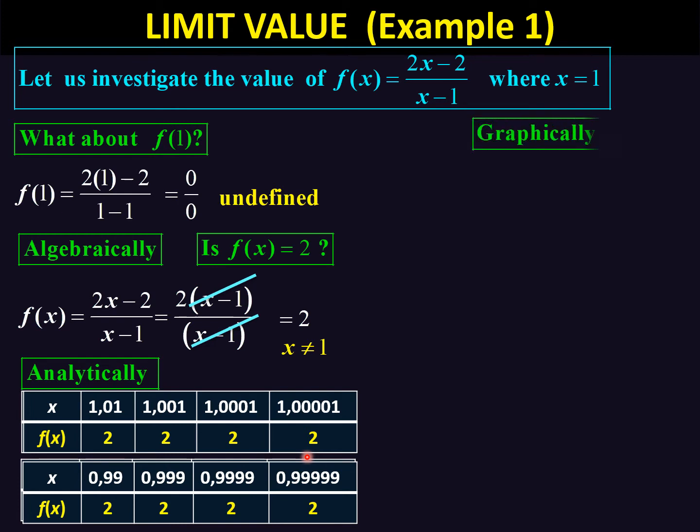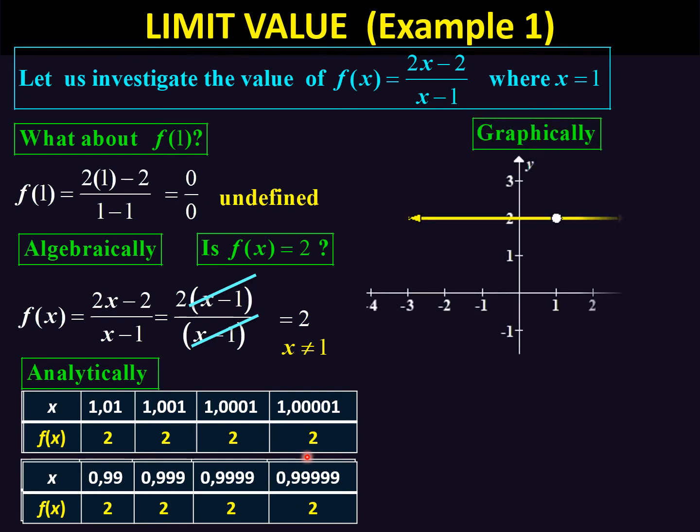Okay. Let's look at it graphically. f(x) equal to 2 is actually a horizontal line, but there's one place where it's not defined. For x equal to 1, it's not defined. That's why we've got an open spot there.